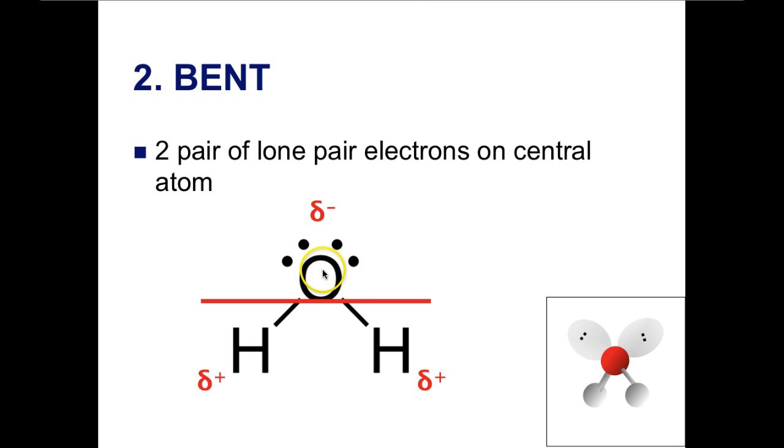The oxygen is going to take more of the electron density away from the hydrogens, making each hydrogen partially positive and the oxygen partially negative. So then when we look at this, we are going to have these two lobes, and you're going to see this more when we build these molecules during the lab that we're going to do.